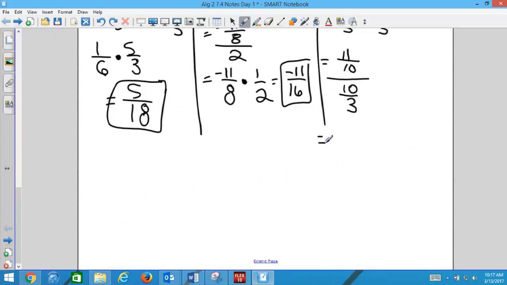So instead of 11 tenths divided by 10 thirds, we take 11 tenths and multiply by 3 tenths. So 33 over 100, and no, it does not cancel.